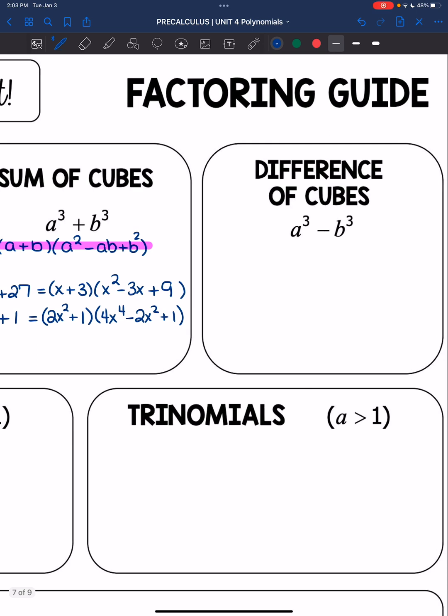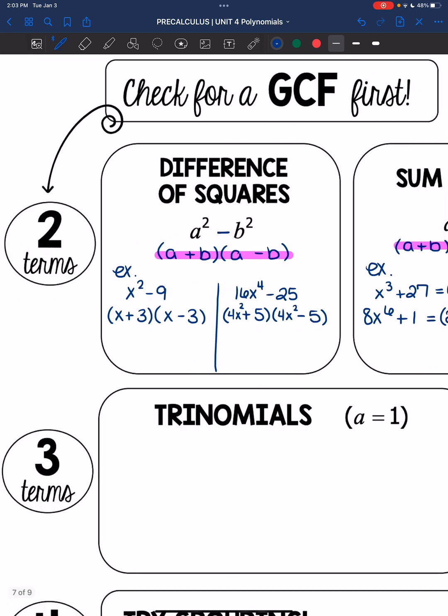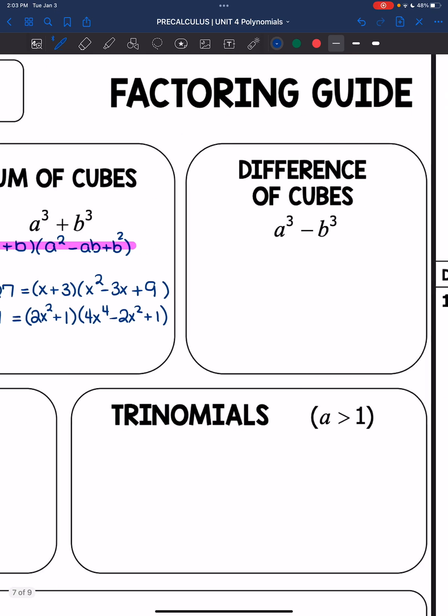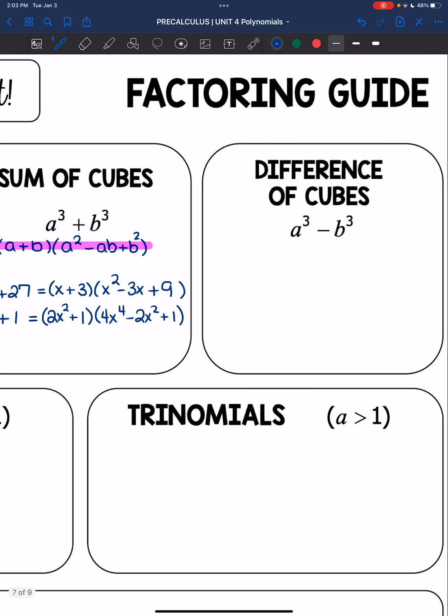The last special two-term, as in binomial, that we can look at factoring is a difference of cubes, and it's a lot like sum of cubes, except that we are subtracting.